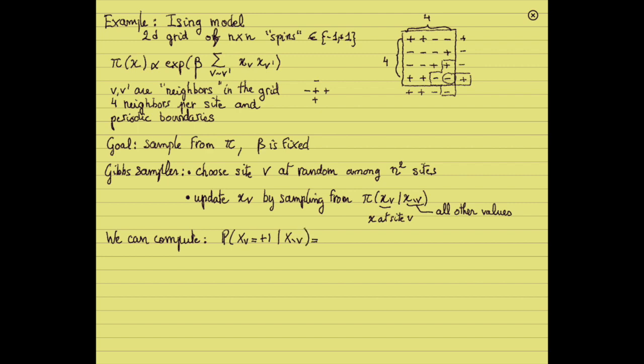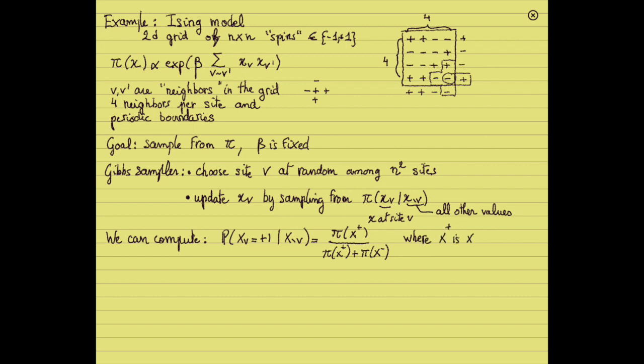And this can be done just from the Bayes formula, so to speak, or the law of total probabilities. This is equal to pi of a grid x plus divided by pi of a grid x plus plus pi of a grid x minus, where x plus is x with a plus 1 at location v, and x minus is x with a minus 1 at location v.